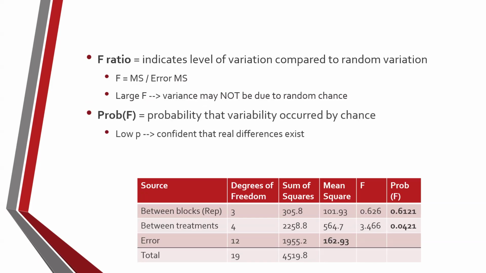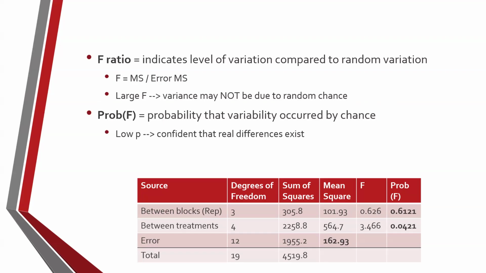So to quantify the strength of that ratio, we calculate a p-value. The probability that the observed differences in your treatment or your block means could have arisen by chance. So a low p-value, typically you set the bar at 5%, indicates that we can be confident that there are real differences among our treatments.